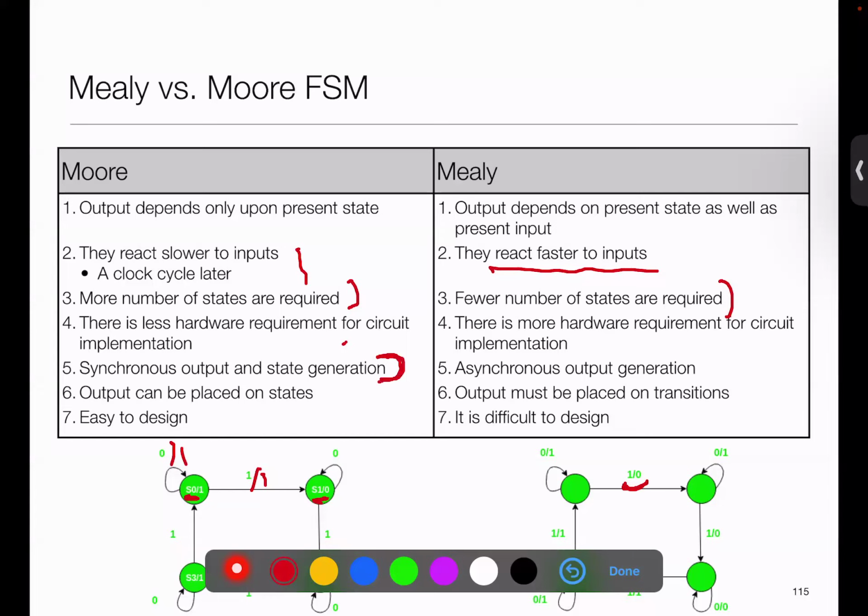A little bit of a delay, but basically at the clock tick. Whereas in Mealy, since the output can be changed by the input immediately, output changes are not aligned with the clock tick. That's what we mean by asynchronous: asynchronous to the clock.